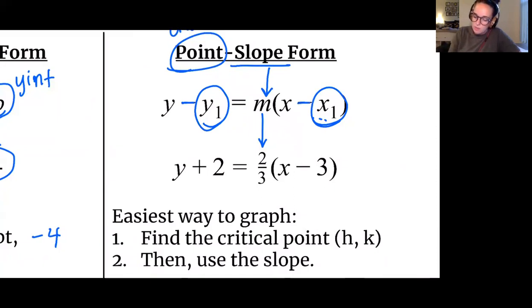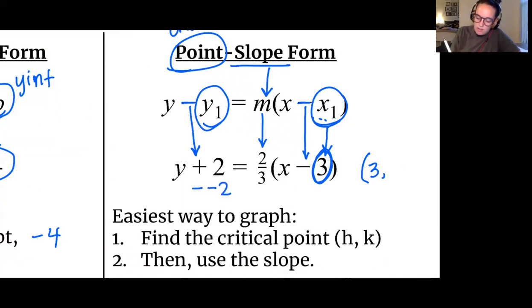So for example, if I was looking for what x1 is, the minus is coming along with it. So x in this case is just +3, because the minus is already a part of the formula. Here, I see that the minus has turned into a plus. So this is like y minus -2.